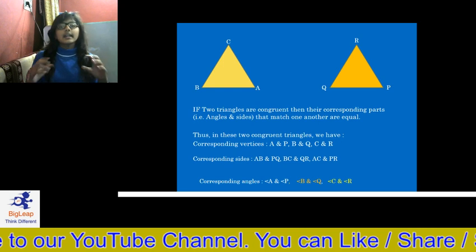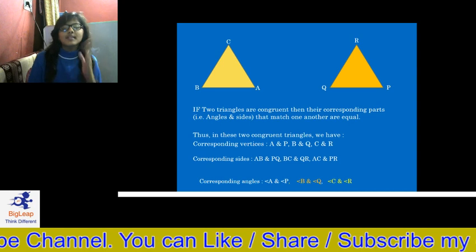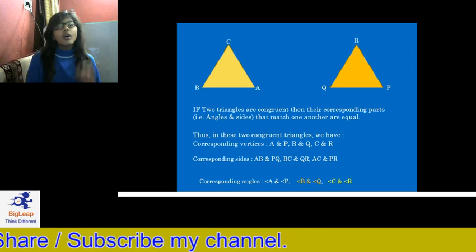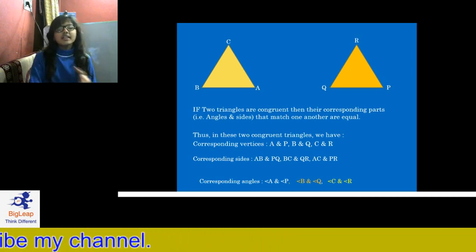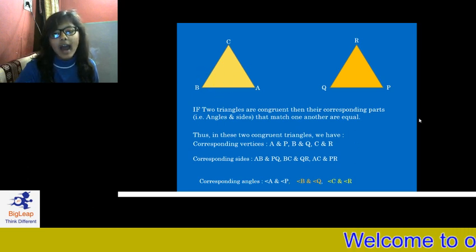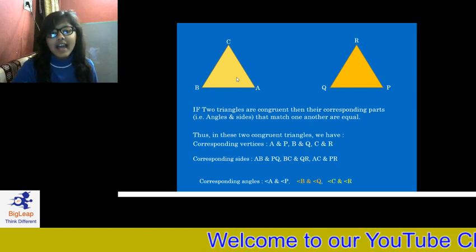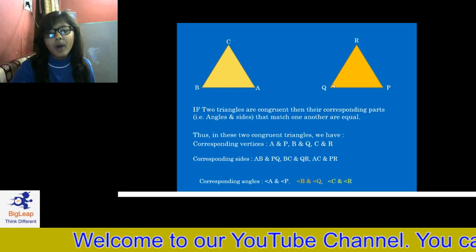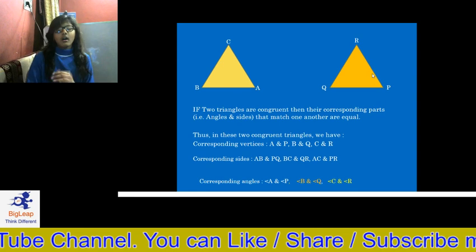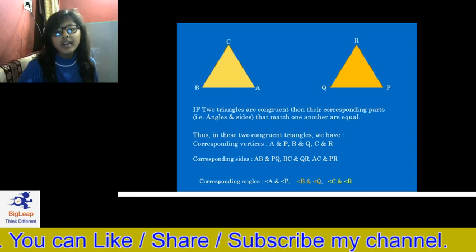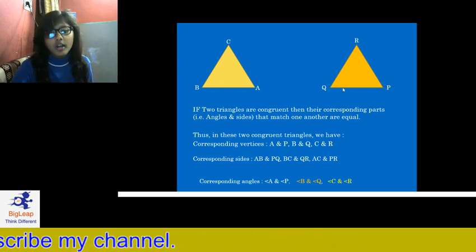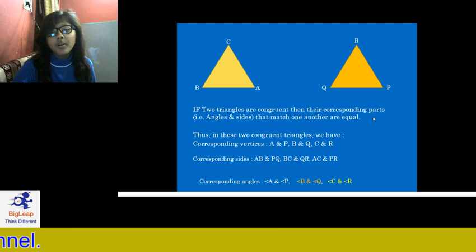Thus, in the two congruent triangles, we have corresponding vertices A and P, B and Q, C and R. In the same way, corresponding sides are AB and PQ, BC and QR, and AC and PR. The corresponding angles are angle A and angle P, B and Q, and C and R.